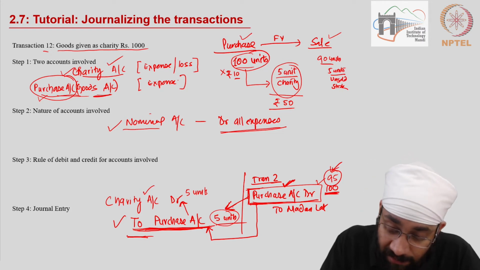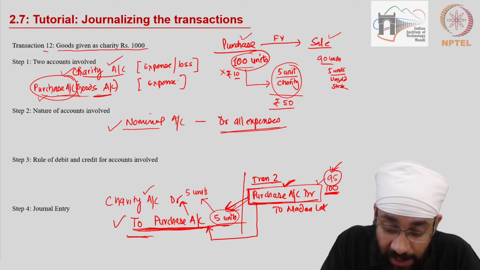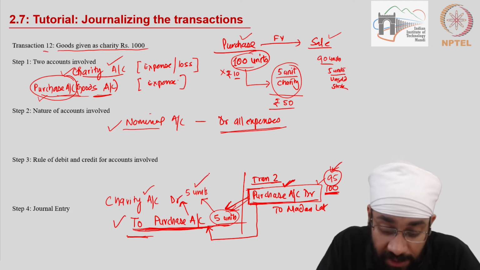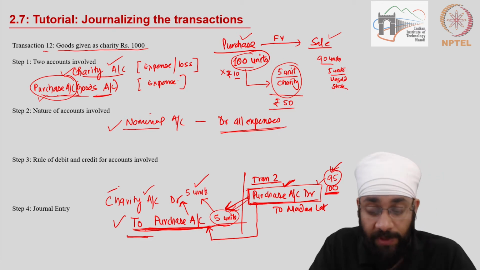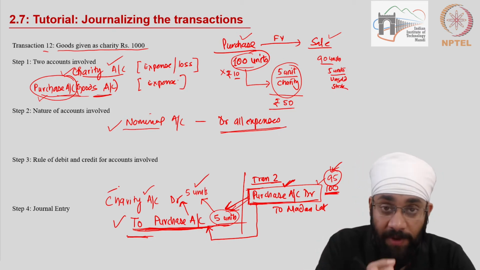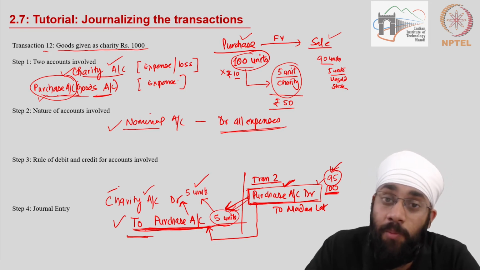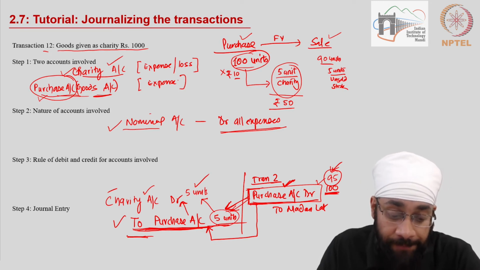And then after cancelling it from the purchase account, we are then indicating that these 5 units are being given away as charity, and that is the actual expense of the business. Okay, I think it is getting a little complex, but there are more transactions of similar nature which will clarify these things more. So let's move forward.